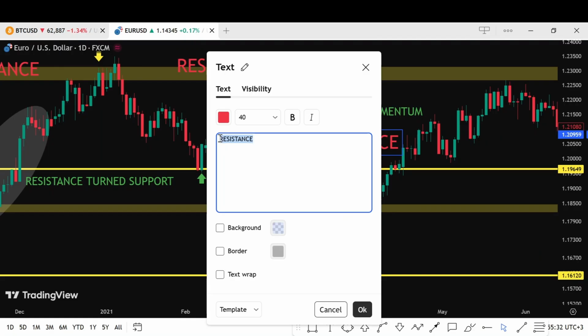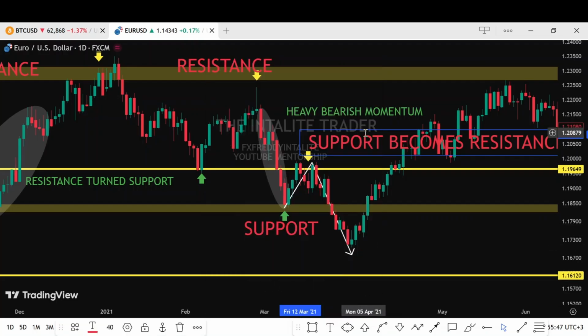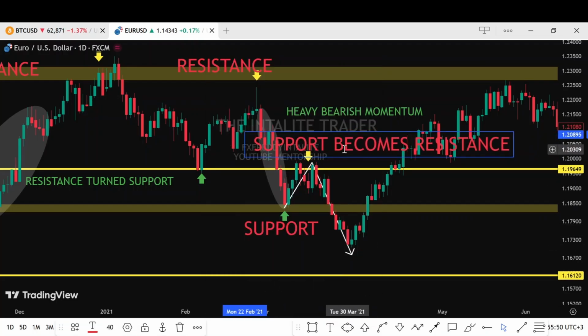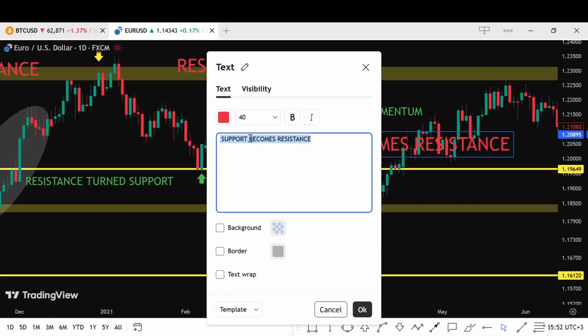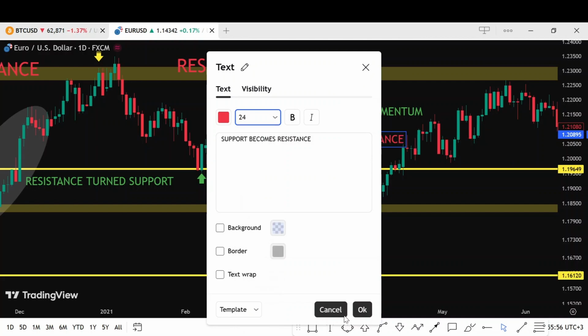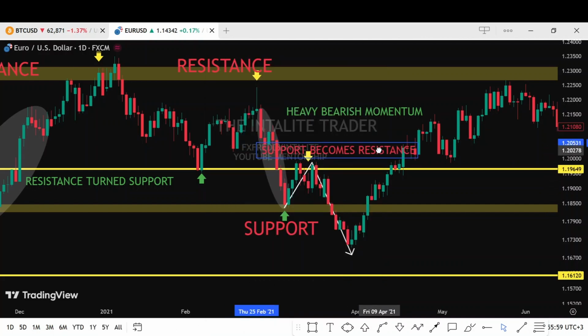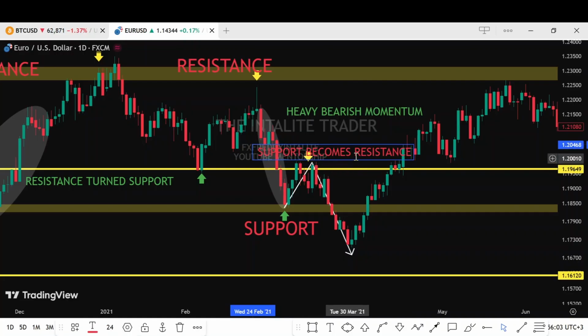So we shall say support becomes resistance here at this point. So this is support becoming resistance, this one.